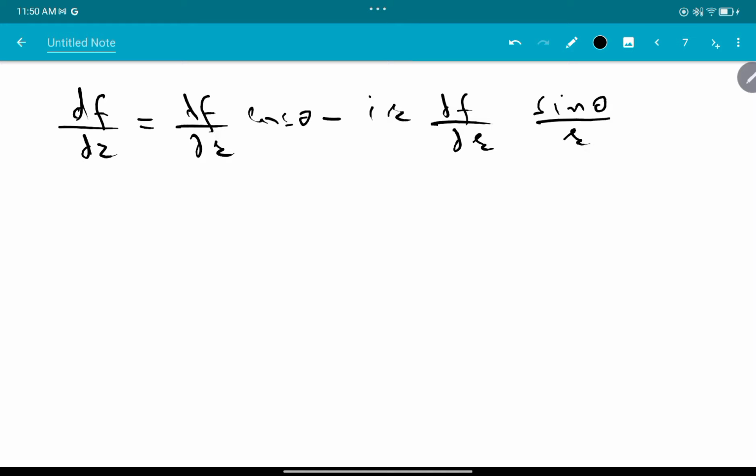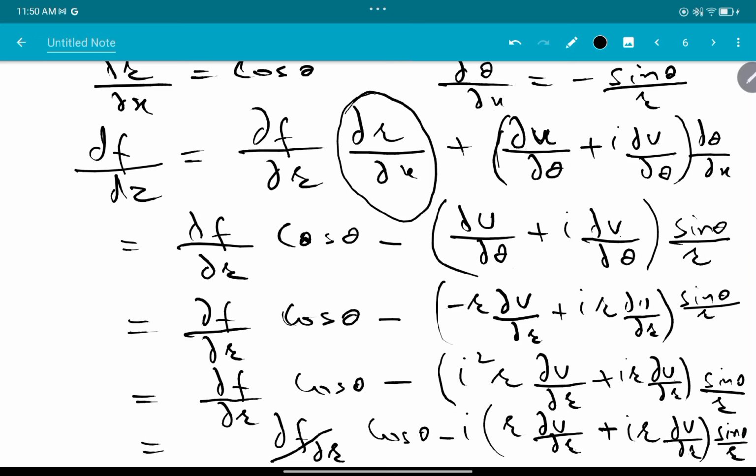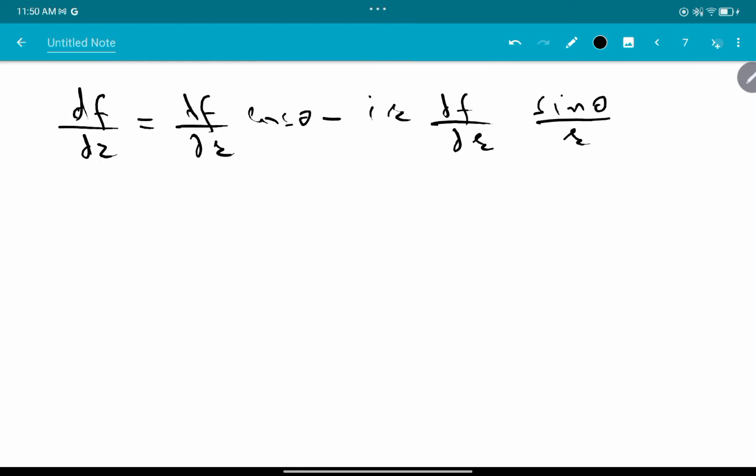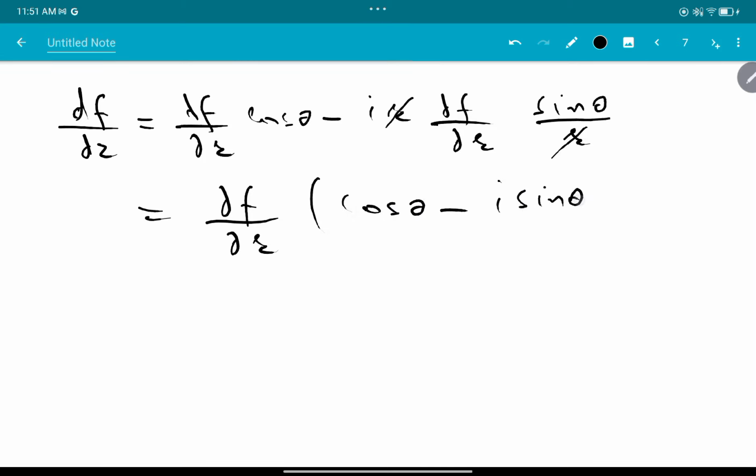You can have a look at this for your satisfaction. That is del f by del r cos theta minus i. This has been replaced after taking r out by del f by del r sin theta by r. So we have r and r cancels out. You take del f by del r common, then you have cos theta minus i sin theta. This is the expression for the derivative of a complex function in polar coordinates.